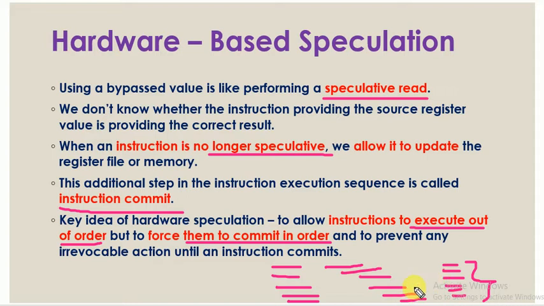Finally, before completing that procedure, we do a final commit, called instruction commit. In that situation all the instructions will be committed in order. So instructions arrive in one order, execute in a different order, and finally commit in the initial order. That is what happens with the hardware based speculation mechanism.